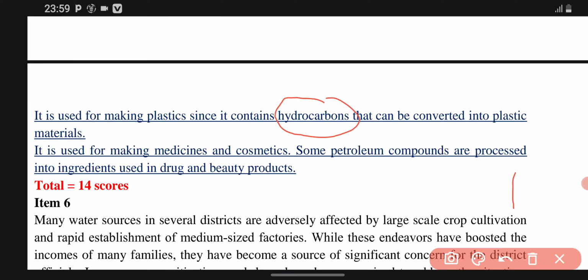You get? That's why we are calling them hydrocarbons. Then the last benefit is that it is used for making medicines and cosmetics. So some petroleum compounds are processed into ingredients used in drugs and some beauty products.